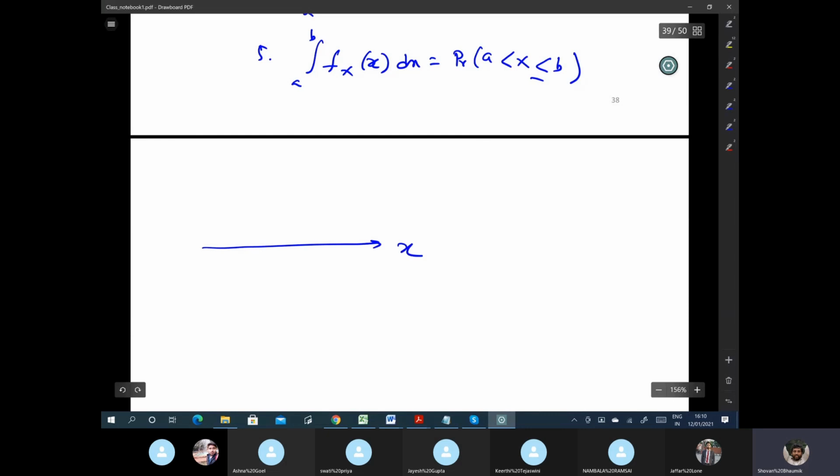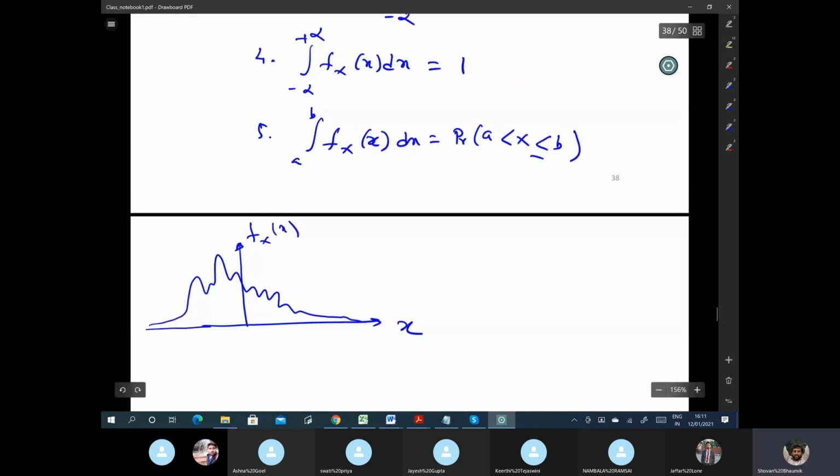Suppose we have x here, f_X here, the PDF, and let's say we have some arbitrary density function like this. So this is an arbitrary PDF, probability density function.